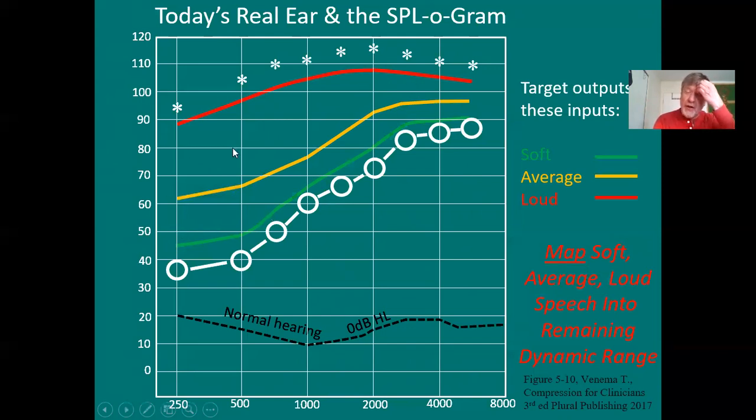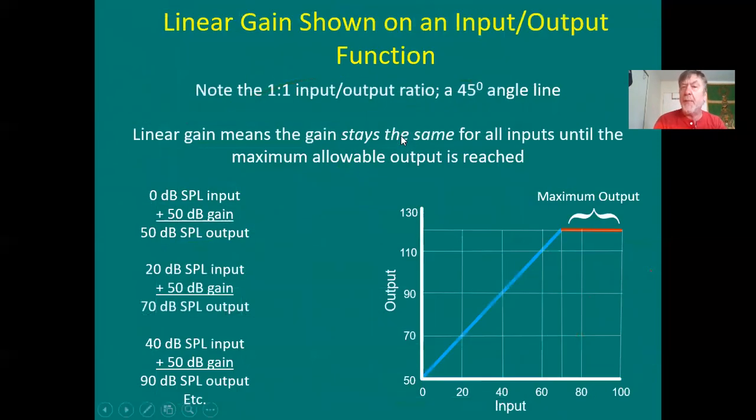And notice the target output for soft speech is barely audible, and the target output for average inputs is about 1/3 above the hearing loss, and the target output for loud inputs is still below the asterisks, which is frequency-specific loudness discomfort levels. Thereby, you have mapped speech, today's real ear, and the SPLogram.